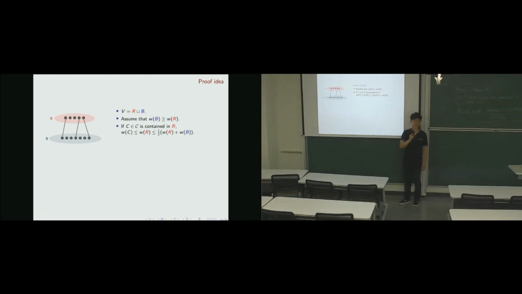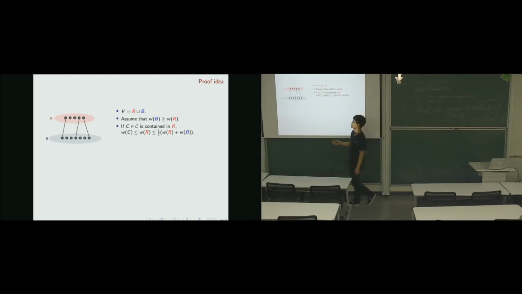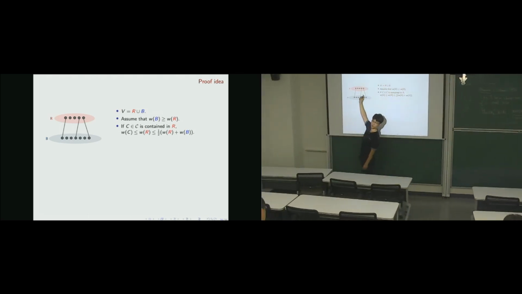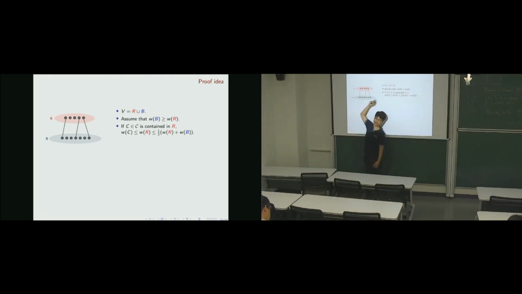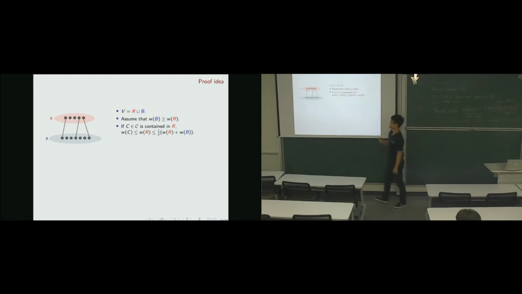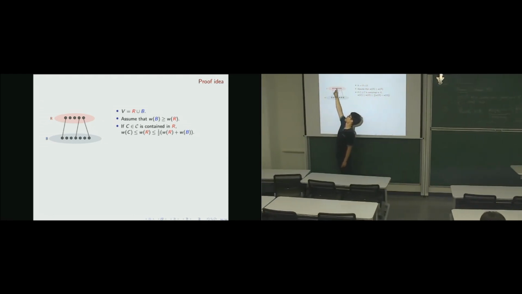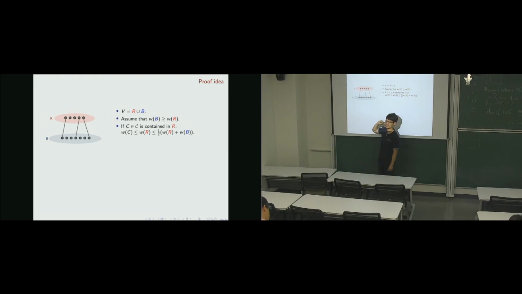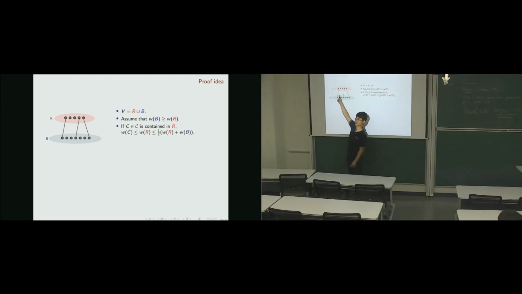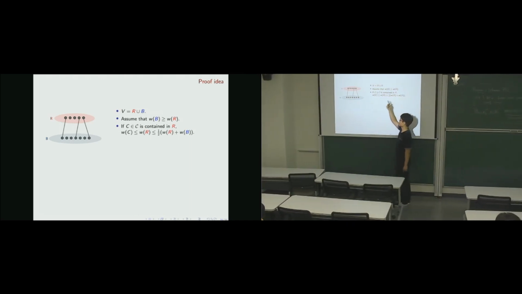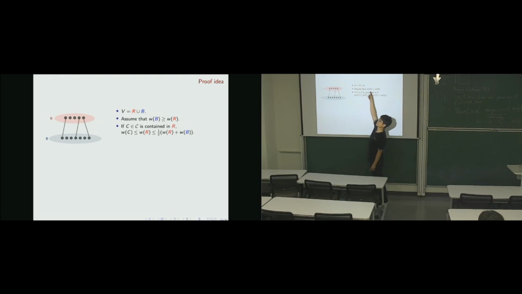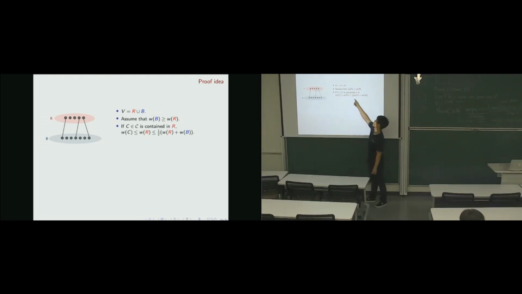So let's suppose not. Suppose that there's a member C completely contained in R. Then the weight of that member is less than or equal to the total weight sum of the elements in R, because that member is contained in R. But I know that the weight of R is less than or equal to the weight of B. So the weight of C is less than or equal to half of the total weight sum.